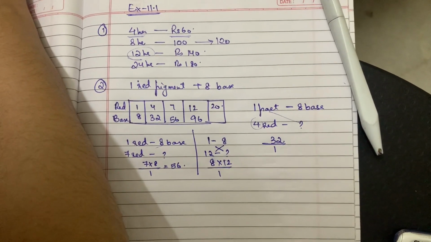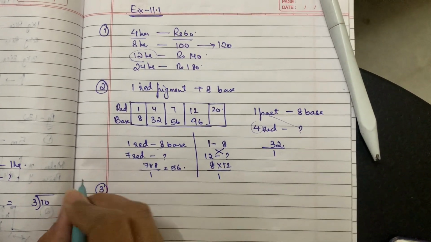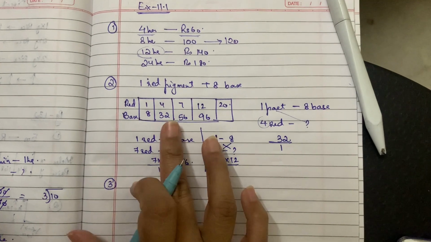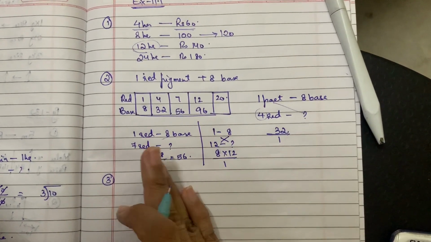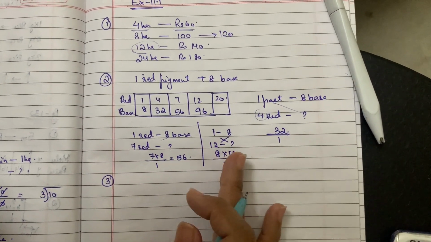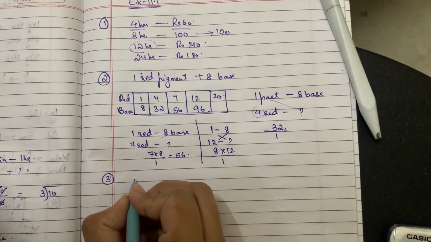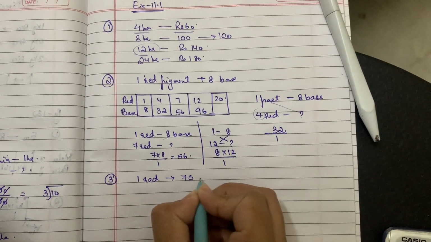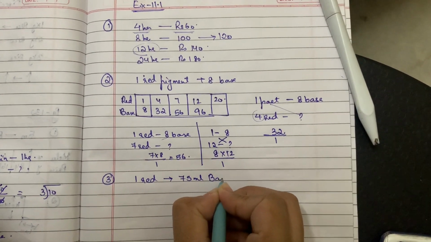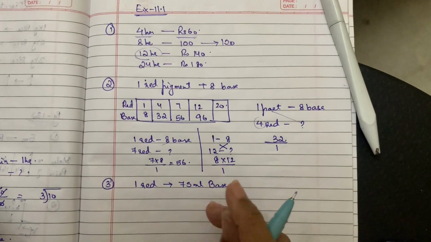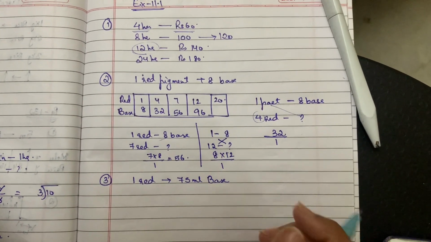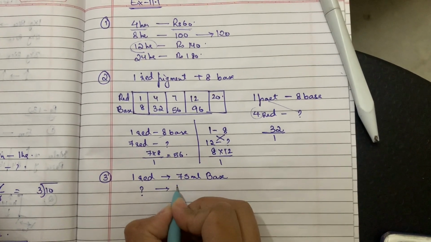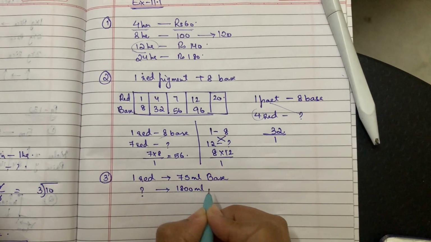Now going to the third question, which is a continuation of the second question itself. In question 2 above, if 1 part of red pigment requires 75 ml of base, then how much red pigment should we mix with 1800 ml of base?